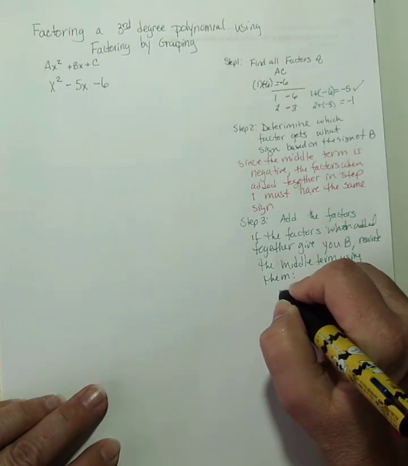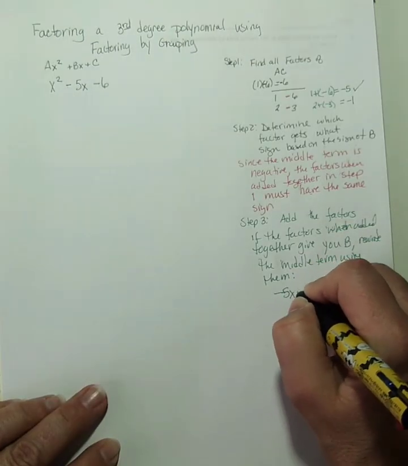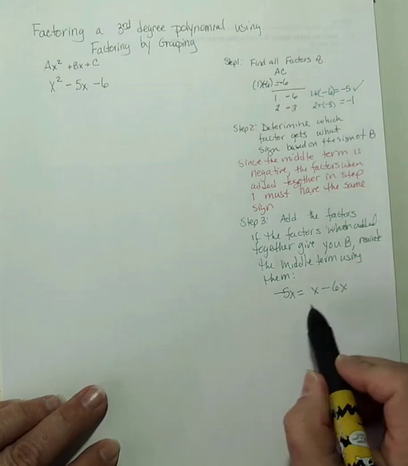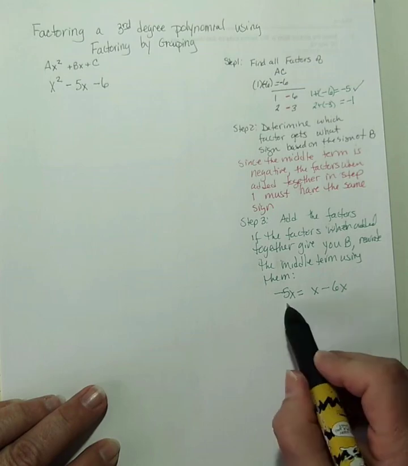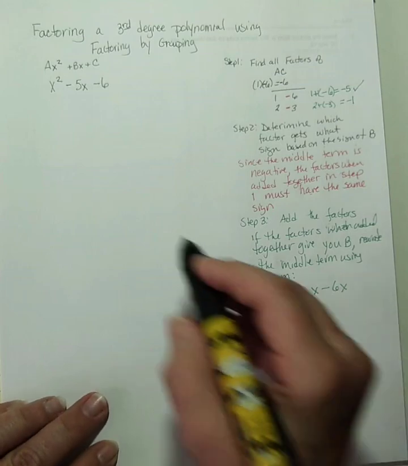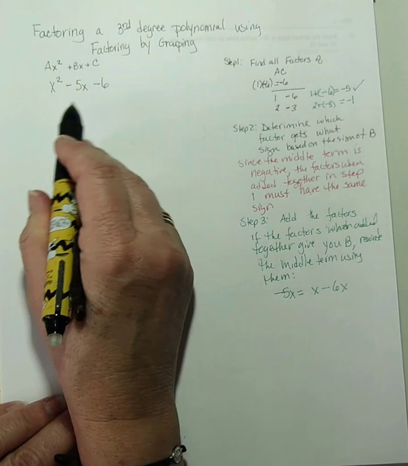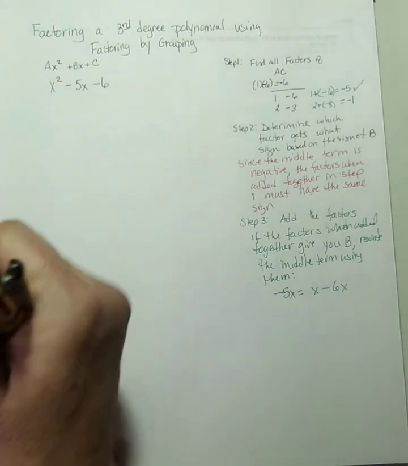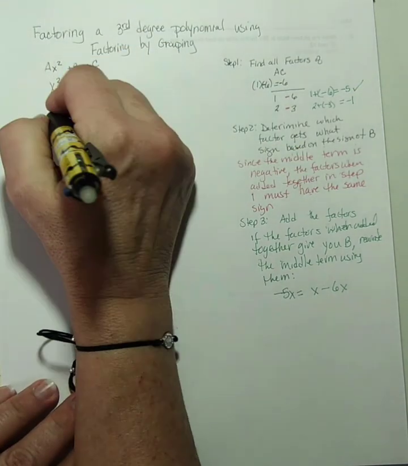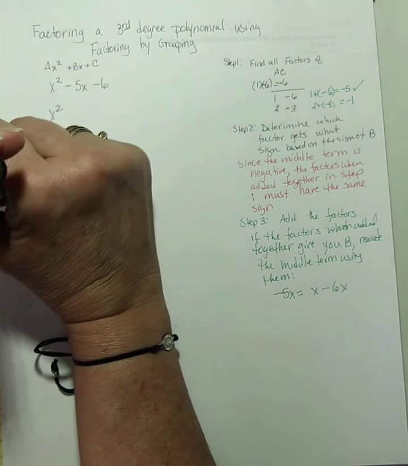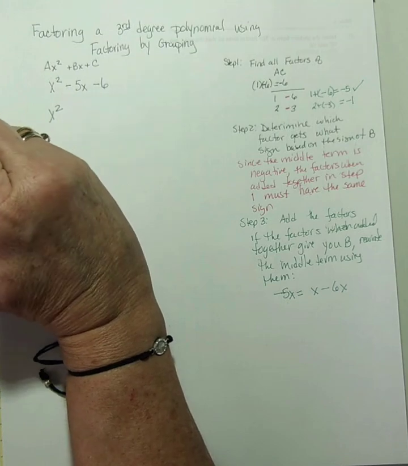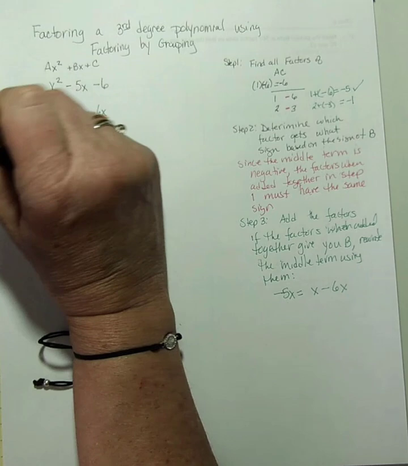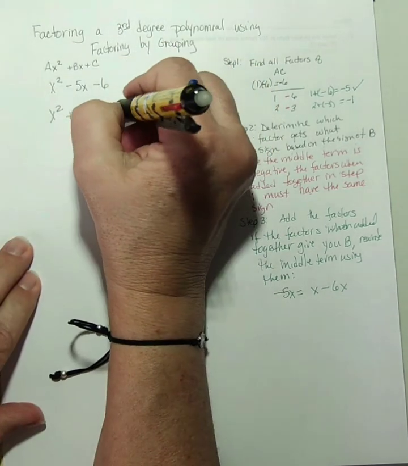So I would rewrite the middle term, -5x, as x minus 6x, because 1x minus 6x gives me -5x. Now I know how to rewrite my middle term: x squared plus x minus 6x minus 6.